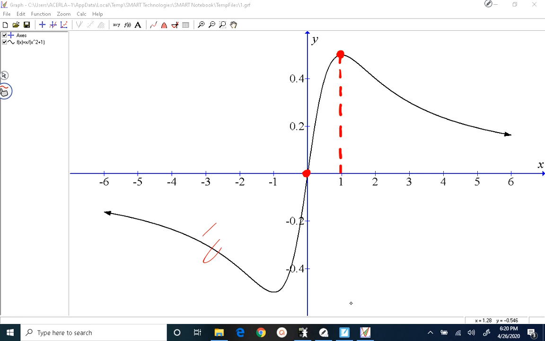We said that at x equals negative 1, there was a minimum. We said there was an inflection point at x equals 0. Now I'm going to exaggerate this, but if you look to the right of 0, it is concave down. When you look to the left of it, it is concave up. That's an exaggeration, but the concavity is concave down to the right of 0 and concave up to the left.